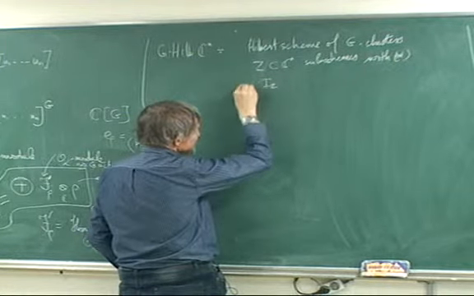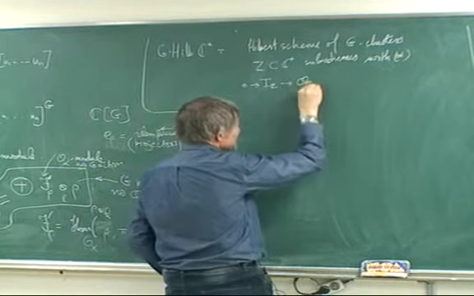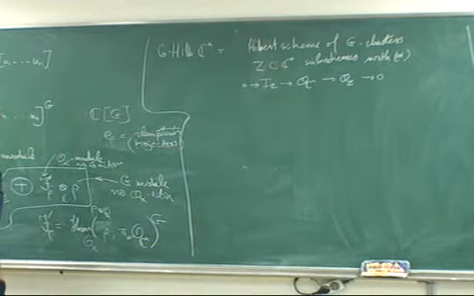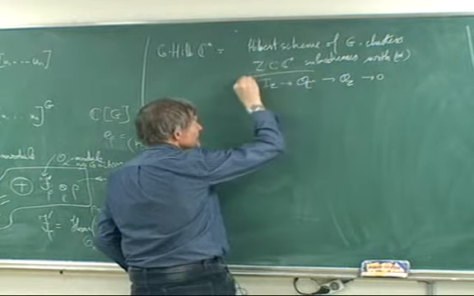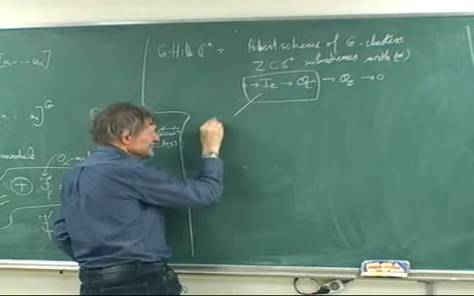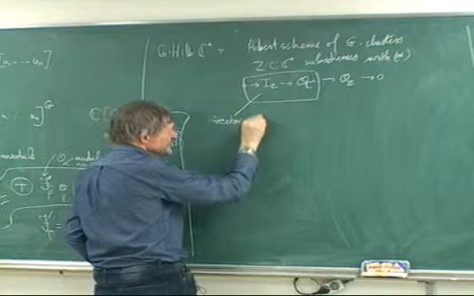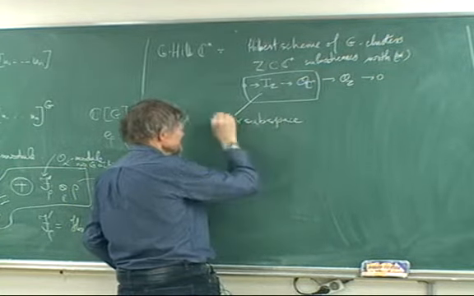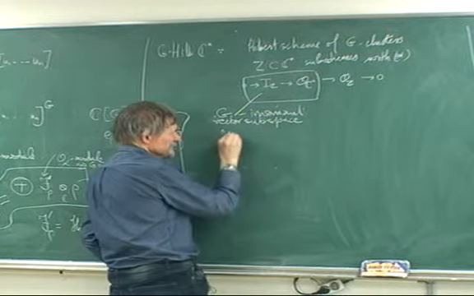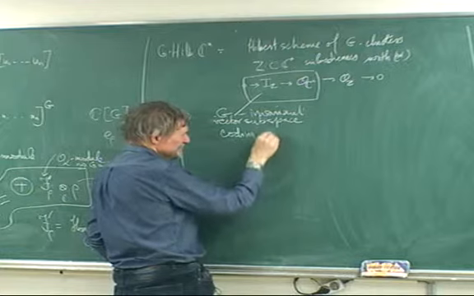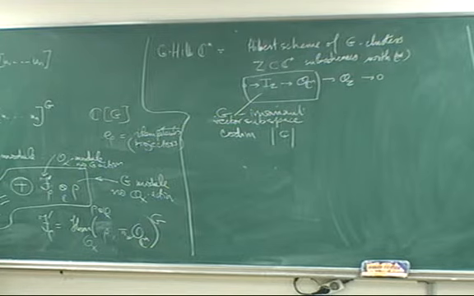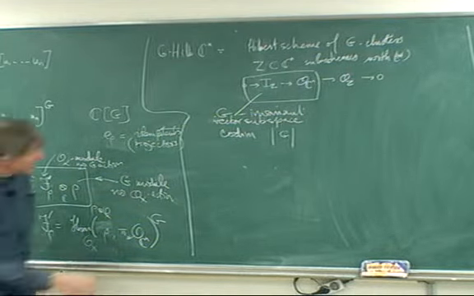Each one of these Z's has an ideal sheaf like this, goes to OCn, goes to OZ. And this guy here is a vector subspace, G invariant, and of codimension G, codimension the order of G.